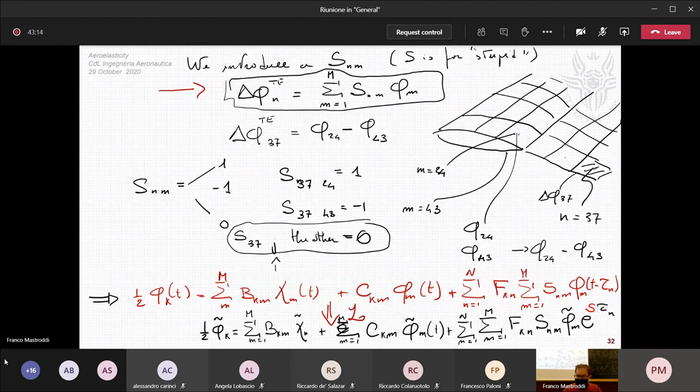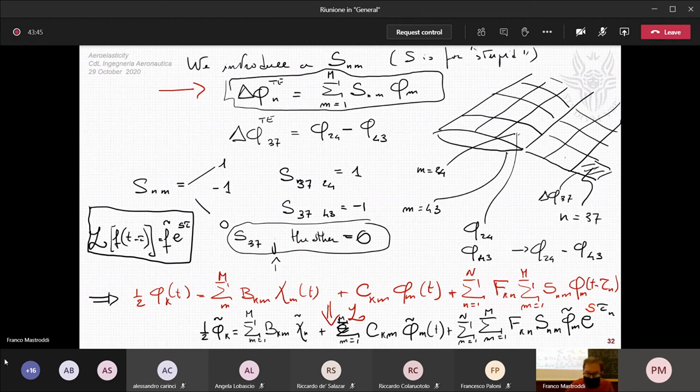Okay? Because the Laplace transform of a function f(t minus tau) is equal to the Laplace transform of the function f as a function of t by e to the power s tau. Okay, I applied this here.